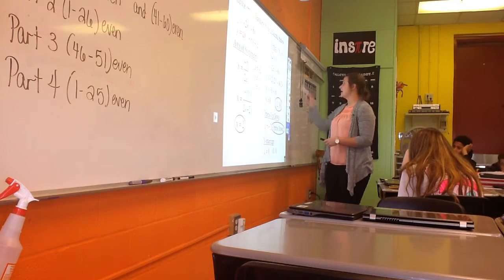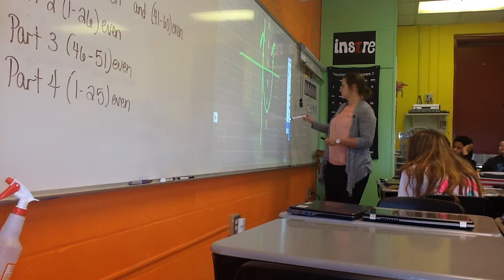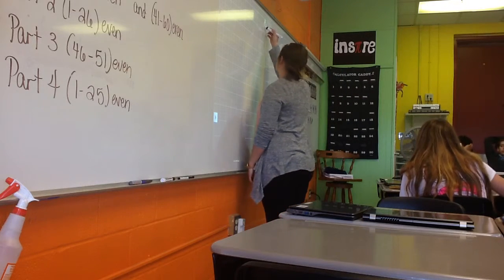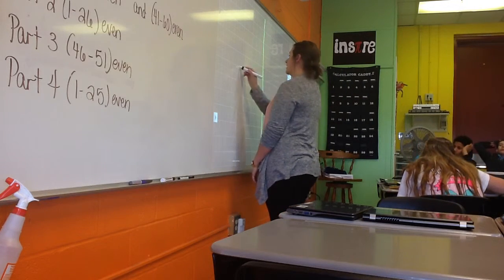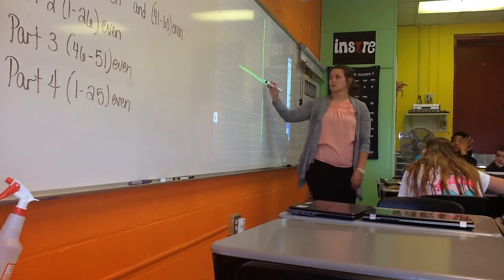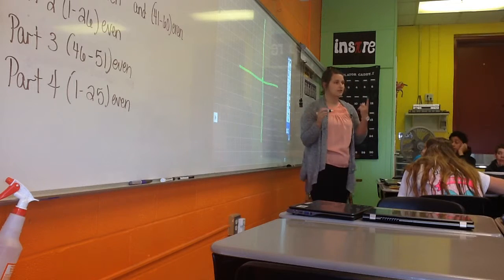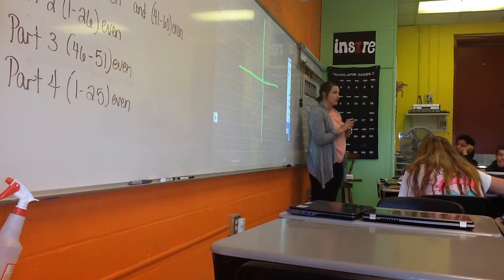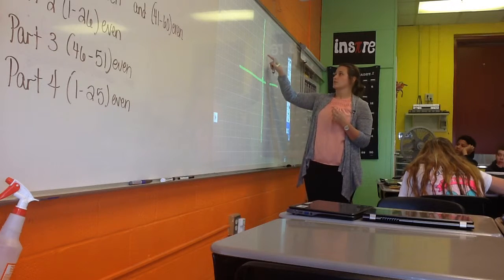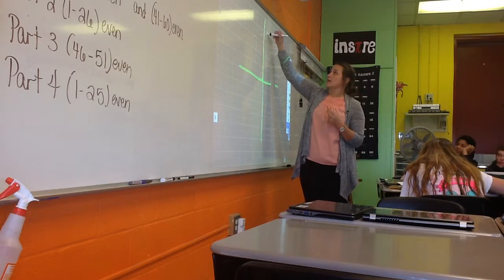So if I go to graph this, where did I want to start? 0, 0. What other thing do I know that I can plot? 2, 8. Okay, and what is that?